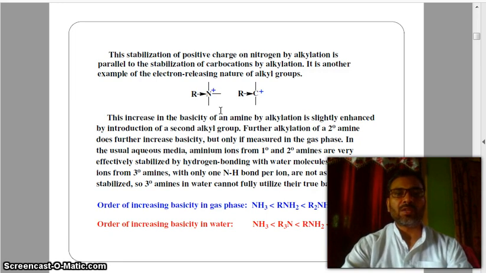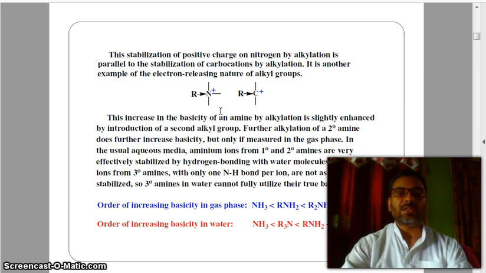In the usual aqueous media, iminium ions from 1 degree and 2 degree amines are very effectively stabilized by the hydrogen bonding with water molecules. Iminium ions from 3 degree amines with only one NH bond per ion are not as well stabilized. So 3 degree amines in water cannot fully utilize their true basicity.